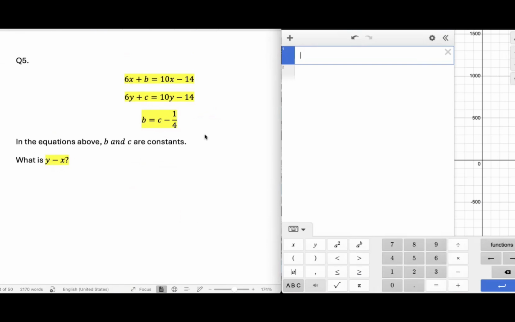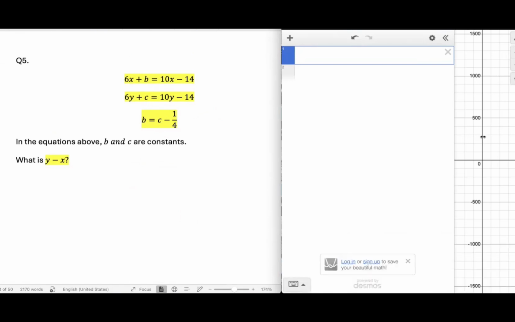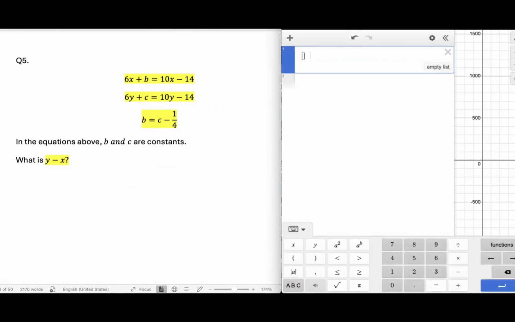Well, this is a multiple regression. So we can do this in multiple regression, right? We said, make sure you equate the function to each other. The first one is what? 6x plus b. I don't know what the function is, but I know 6y is the second one, right? Plus c. What is the third one?